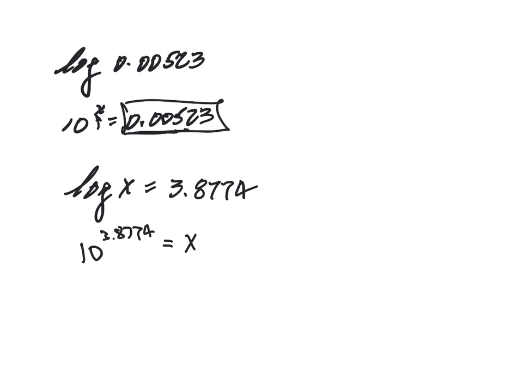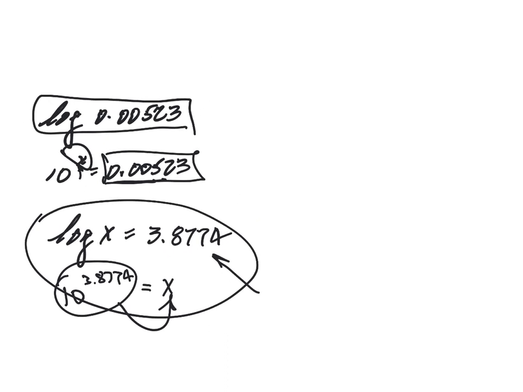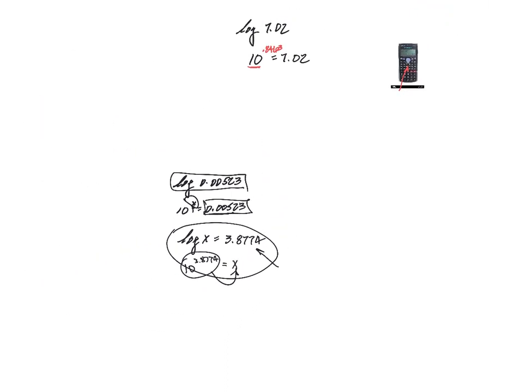Okay, so up here, we got the number. We needed to find the exponent to put on 10. Down here, we've been given the exponent, and now we're putting it in as an exponent of 10 to see what we get for an answer. So that's the anti-logarithm. All right, so that being the case, let's go back to our handy-dandy pretend calculator here.